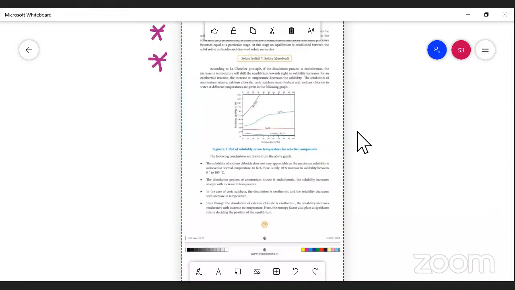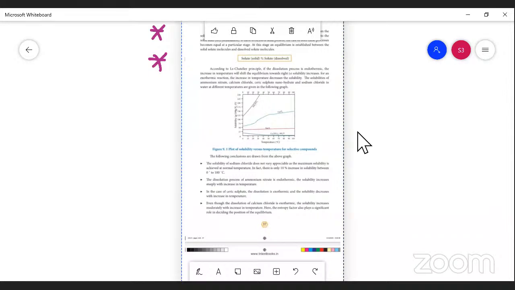From the graph we infer that the solubility of sodium chloride does not vary appreciably, as the maximum solubility is achieved at normal temperature. At normal temperature, there is no change in the solubility of NaCl.